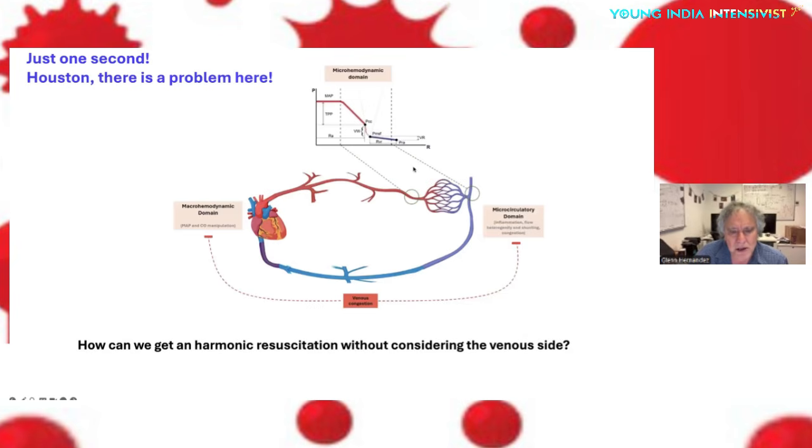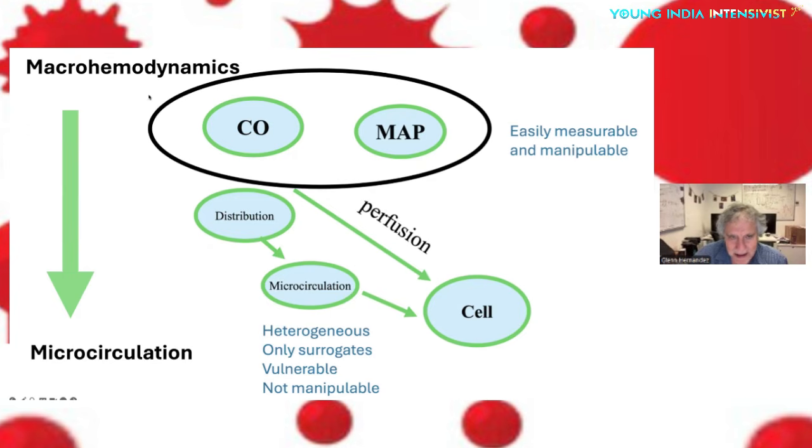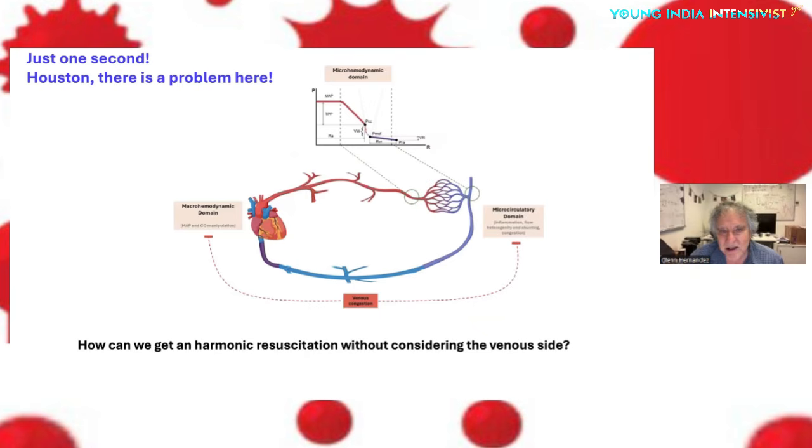And of course, we always thought of the resuscitation theater as a forward flow from the heart, the arterial side, to arrive at the microcirculation. However, this is not that way. This is a total cycle where you have the microcirculation at one end, of course. You have the macro-hemodynamics, which you manipulate.